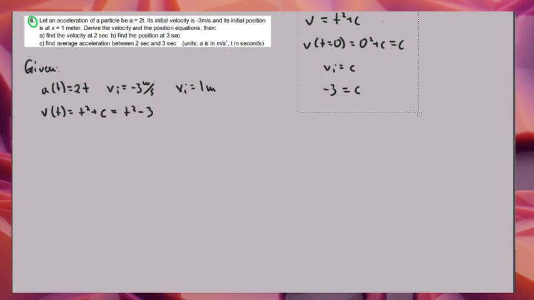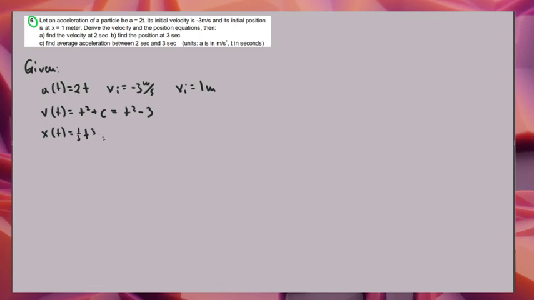Let's get rid of this. That's gone. And I can also easily derive an expression for the position. That would be 1/3 t cubed minus 3t plus, I should label that c1, plus c2, some constant that comes out of the integration.